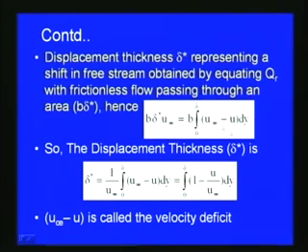Finally we get an expression for the displacement thickness: δ* = 1/u∞ ∫0 to δ (u∞ - u) dy, which is equal to ∫0 to δ (1 - u/u∞) dy. So this is the expression for the displacement thickness.